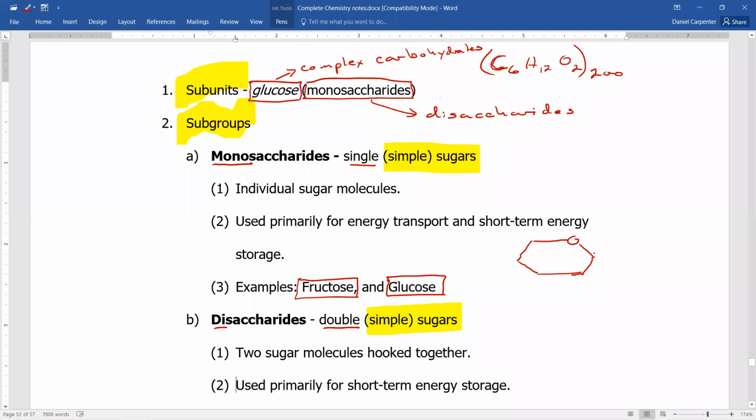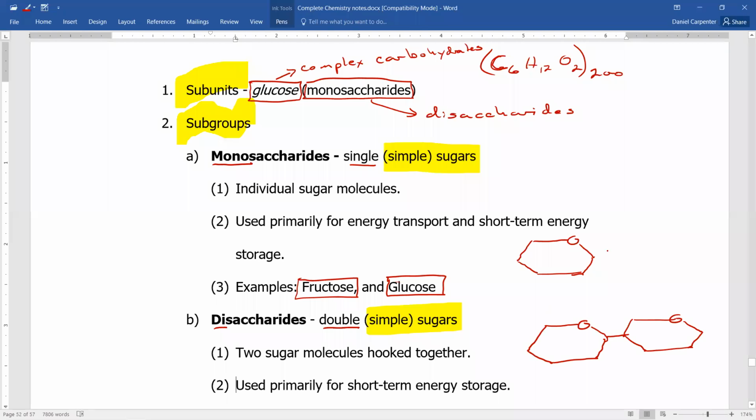A disaccharide, if we took 2 of these and put them together, we would have a disaccharide, which is 1 single sugar, 1 monosaccharide, and another single sugar, another monosaccharide, and then they're hooked together, combined.